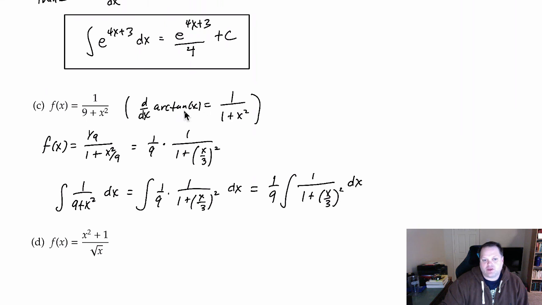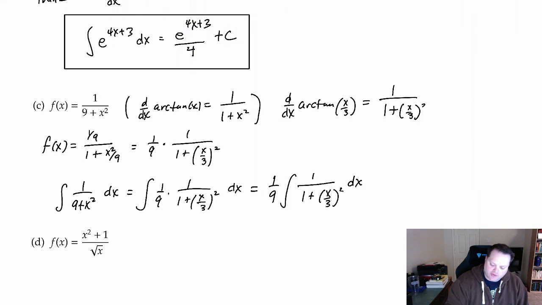However, if I was doing chain rule, if this is x over 3, this will be 1 over 1 plus x over 3 squared. But I would have to multiply by 1/3. So I'd have to multiply this by 1/3 or divide the whole thing by 3.